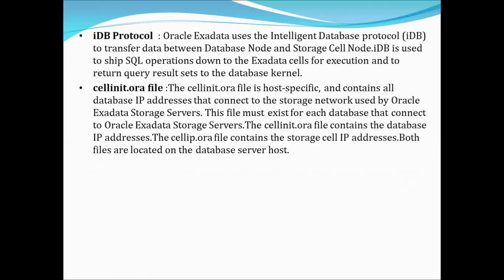Another important file is cellinit.ora. The cellinit.ora file is a host specific file containing all database IP addresses that connect to the storage network used by Oracle Exadata storage. This file must exist for each database that connects to the Oracle Exadata storage server. The cellinit file contains the database IP address and the cell IP file contains the storage IP address. Both files are located on the database server host.